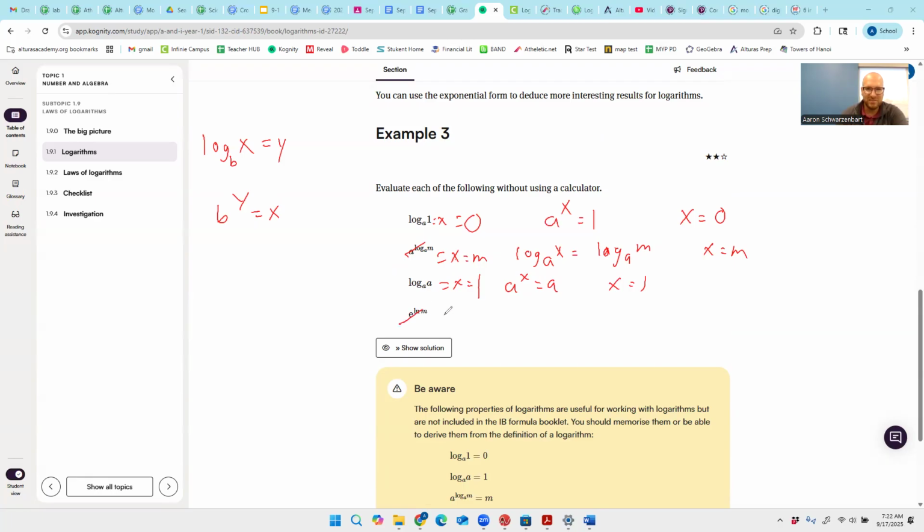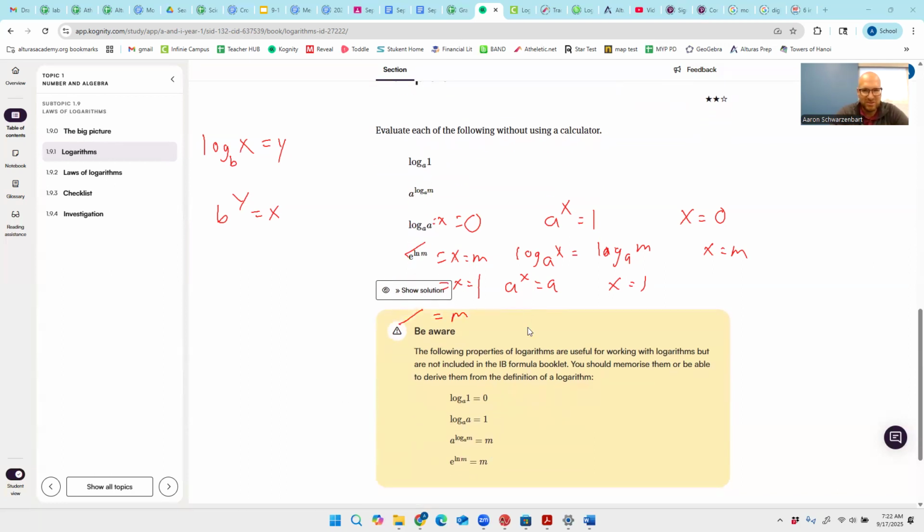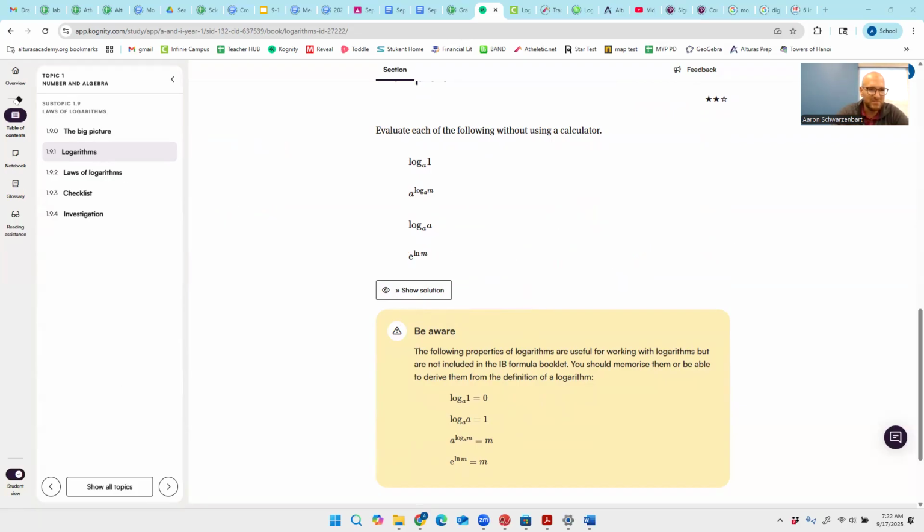E to the ln m, same power property up here. ln is log base e, so that's simply m. Inverse operations, and those make your life a little easier. All of those little properties right there are very helpful.